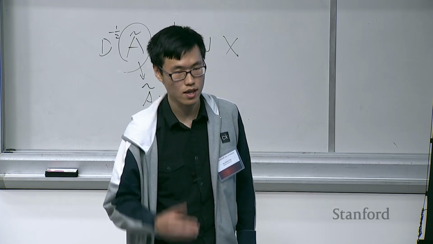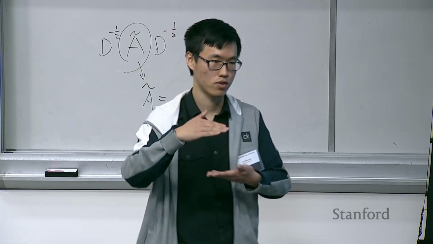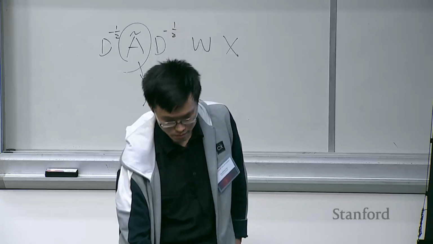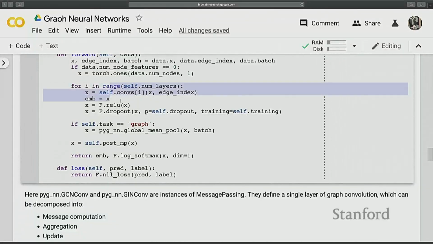So this is the depth in terms of how far you want to fan out. It's not the depth of your neural network layer, because every one of these can have multiple layers. This is the number of hops you want to go away. Here in the forward, because we have the loop over 3 layers, every time you take your input, you perform your convolution at that layer, and then you get your output, and the output is fed back in as the input of the next layer. It's just a for loop to go over multiple hops.